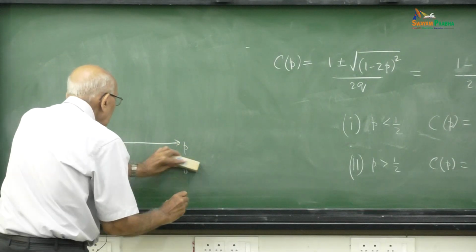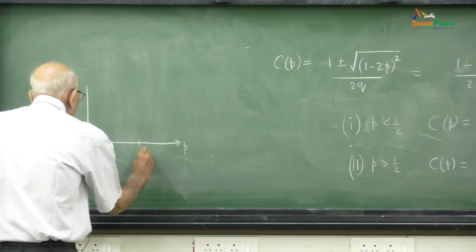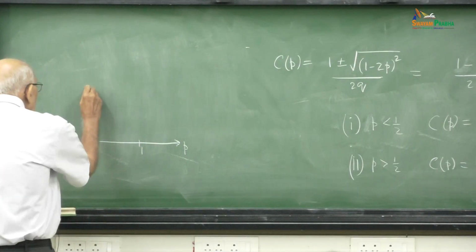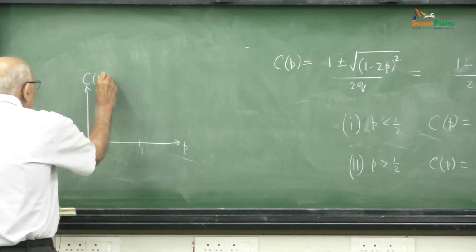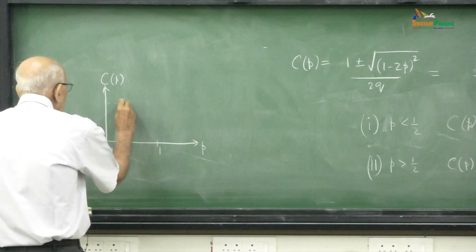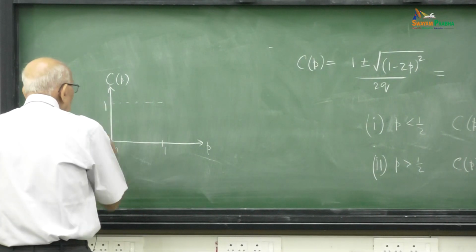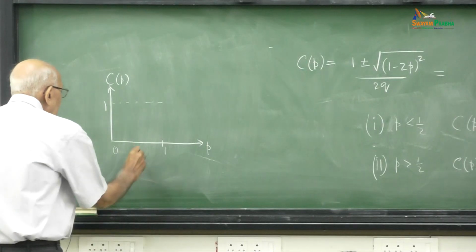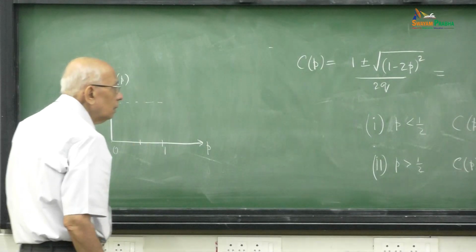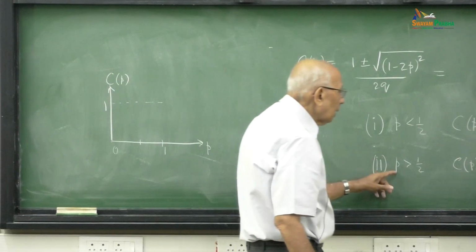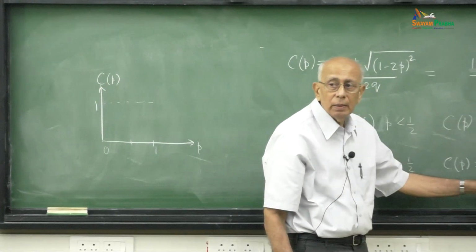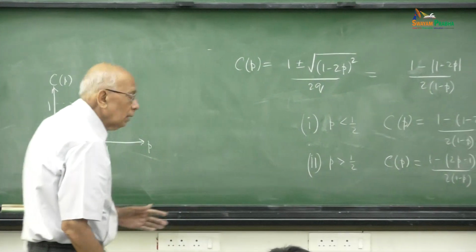Here's little p, this is the point 1, this is the point 0, this is C of p. And in the same scale, this is 1. For p greater than half, C of p is just equal to 1, just a constant.